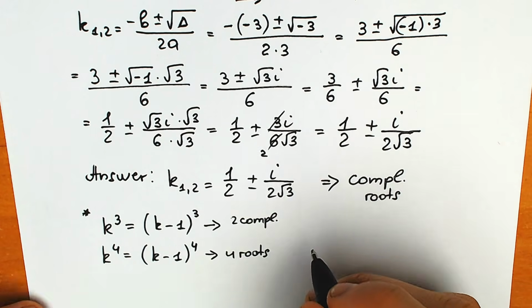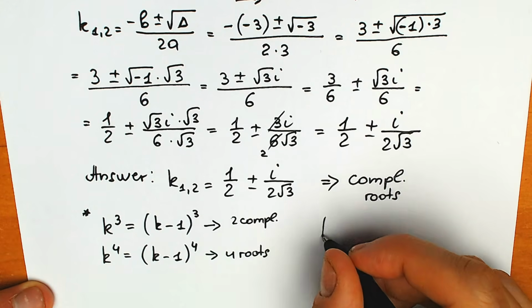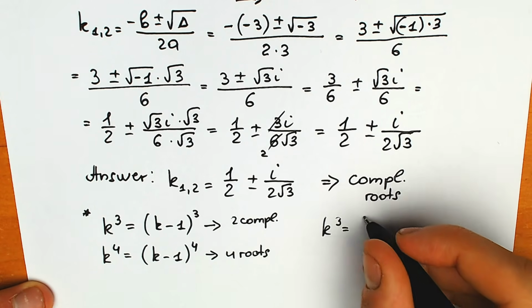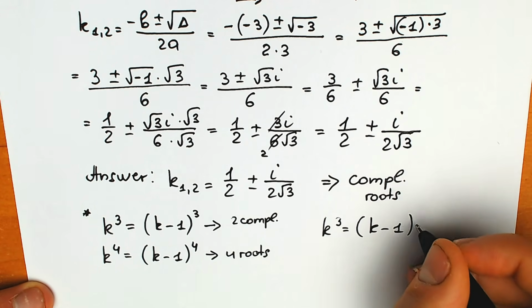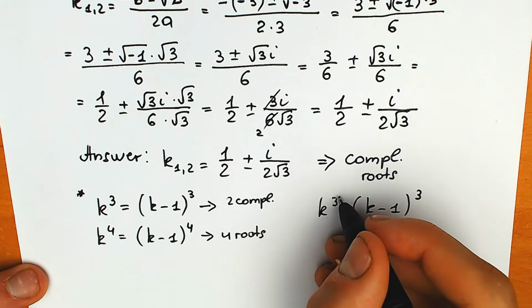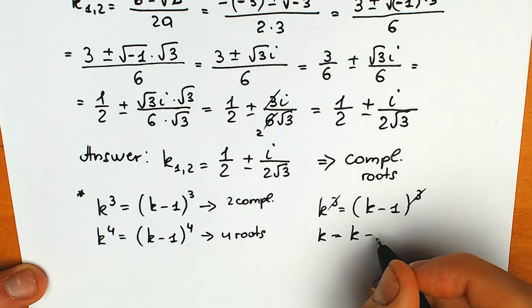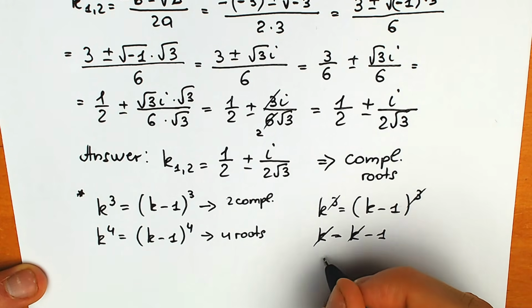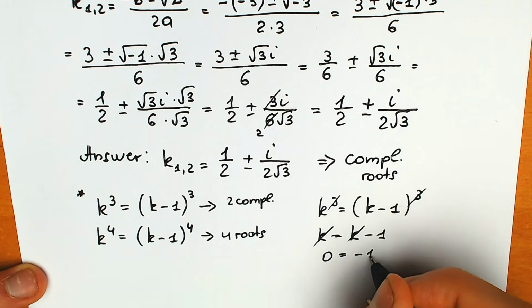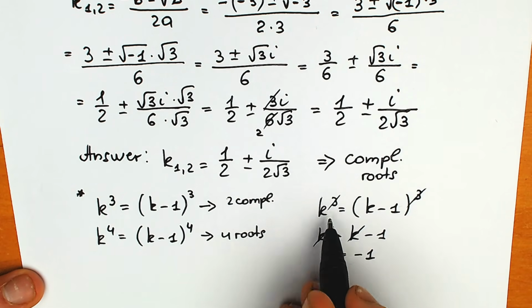And the next thing: in the beginning, I wrote that we had something like k cubed equal to (k minus 1) to the power 3. And as I said before, a lot of students cancel this 3, and they say k equal to k minus 1, and we have 0 equal to minus 1. This is a wrong way, because when you cancel this 3, you cancel your roots.